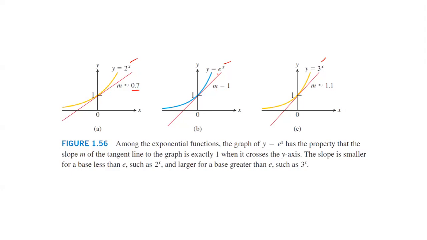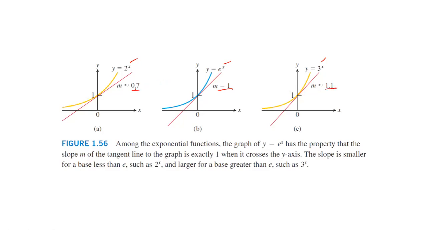For the blue curve, which is e to the power x, the slope at 1 is equal to 1. For y equal to 3 to the power x, which is yellow, the slope is 1.1.